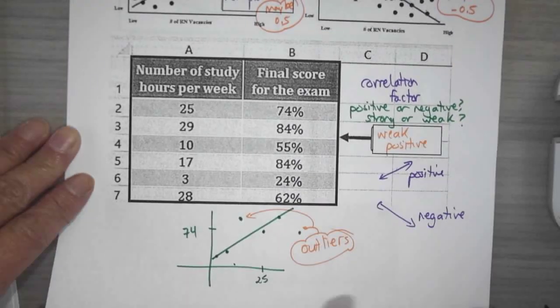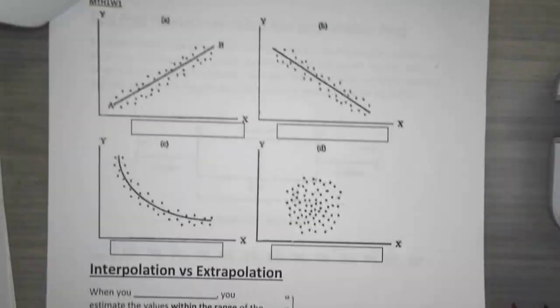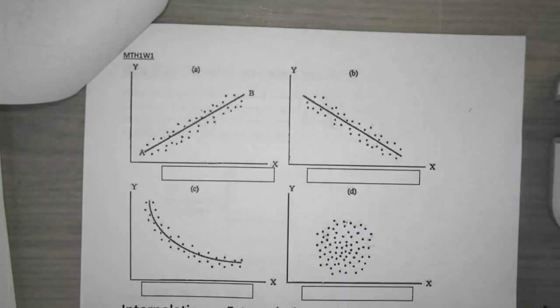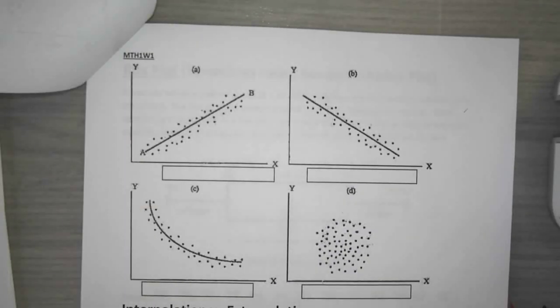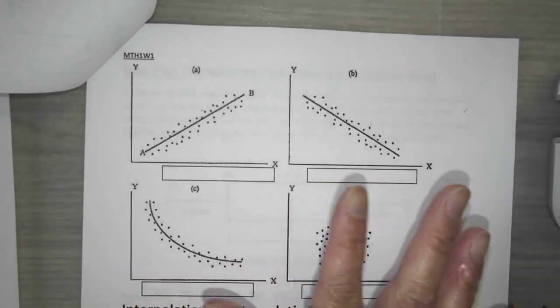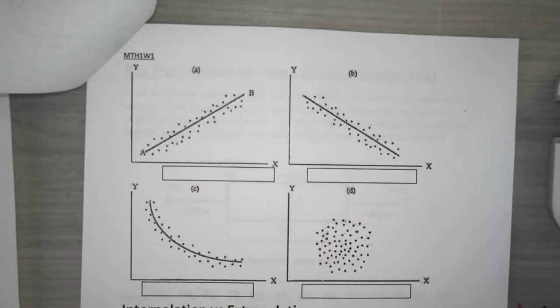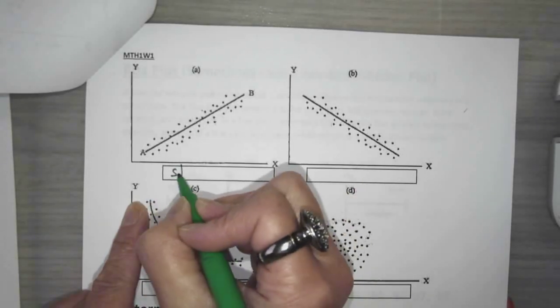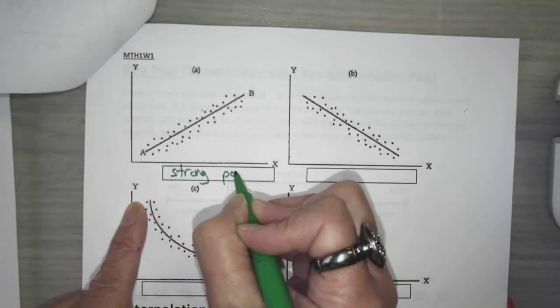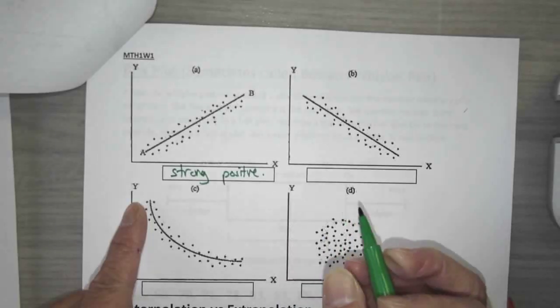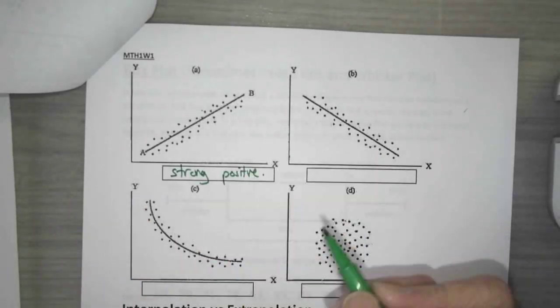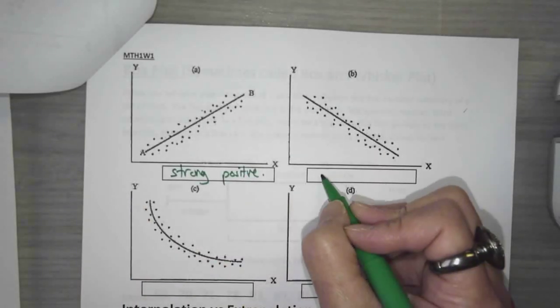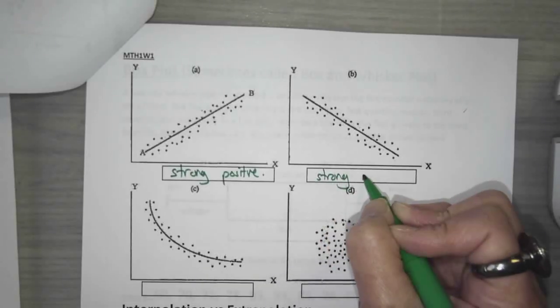So then the next page here, correlation factor scatter plot. This next page, the last page looking at this part, is about whether these are strong, weak, positive, or negative. So this I would categorize as a strong positive, up to the right. Positive correlation factor.